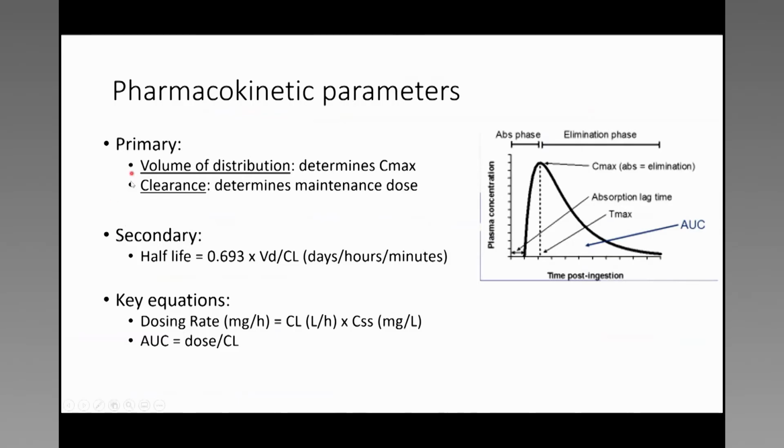These two factors are used to determine the half-life, and we'll talk more about that in a moment. And there are some other equations which I use not uncommonly as part of my clinical practice, and I'm sure you do too, where we can use these different pharmacokinetic principles to look at things such as the dosing rate and also the area under the curve for interpreting pharmacokinetic data.